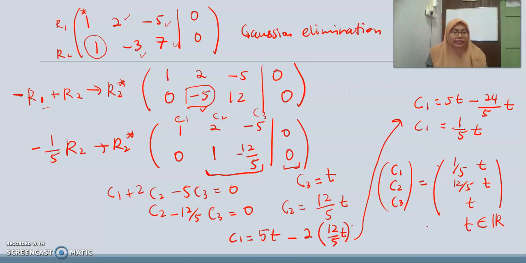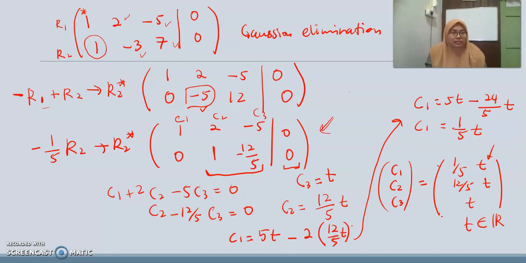We have infinitely many solutions for C1, C2, and C3. So let's say the value of T is 1. Your C1 is 1 over 5, C2 is 12 over 5, and C3 is 1. But what happens if T is 2? C1 is 2 over 5, C2 is 24 over 5, and C3 is 2. So there are infinitely many solutions for this system.